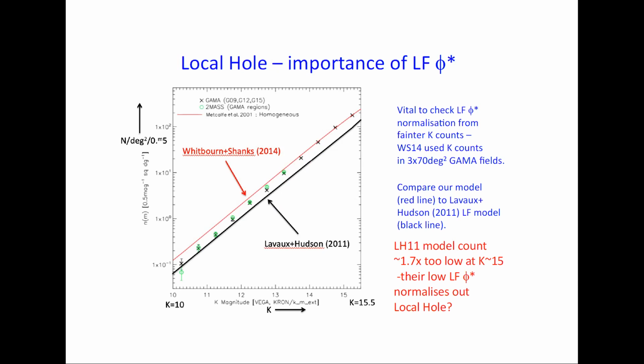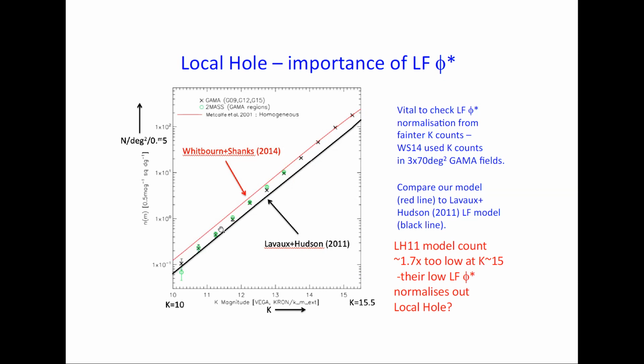We historically, doing fainter galaxy number counts, have always normalized around this redshift 0.05, 0.1 area in the galaxy luminosity function. And so you see that here. The black line is Lavaux and Hudson. So they are fitting very well in this number count region down to 11 or 12 magnitudes.